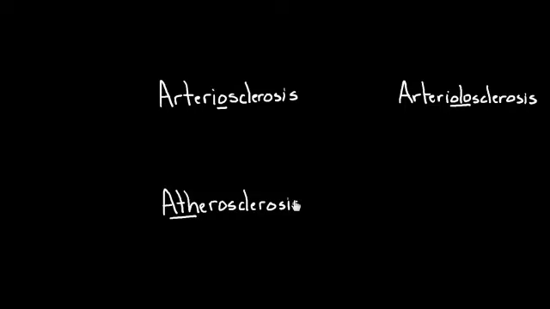So let's start with the first two words, arteriosclerosis and arteriolosclerosis. And these basically get to the question of what is happening. And the process of arteriosclerosis and arteriolosclerosis is that you basically have stiffening of blood vessels.